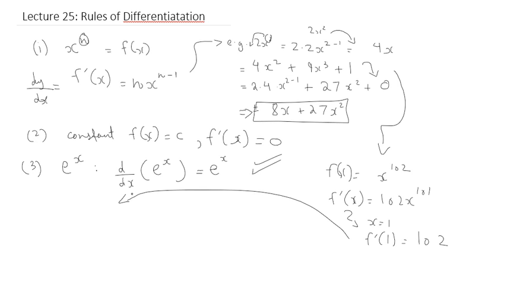Another important case is the square root of x function. If you think about it, does the x to the power n rule apply here? Simply put, root x is the same as x to the power 1 over 2, so we could apply the rule. We bring the power to the front, write x as it is to the power, but subtract a 1 from the exponent. We get x to the negative 1 over 2, with 1 over 2 remaining the same.